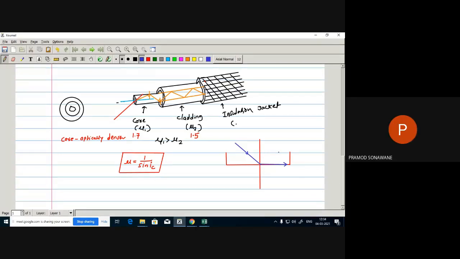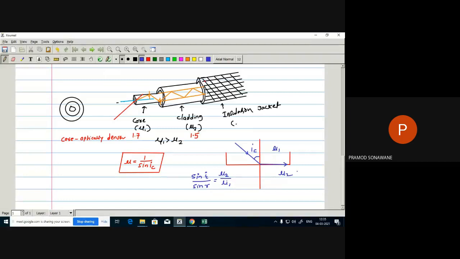Now if this is the critical angle IC, this is the refractive index of the first medium and this is the refractive index of the second medium. Use Snell's law: sine of angle of incidence upon sine of angle of refraction is equal to the refractive index of the medium in which the light enters upon mu1.